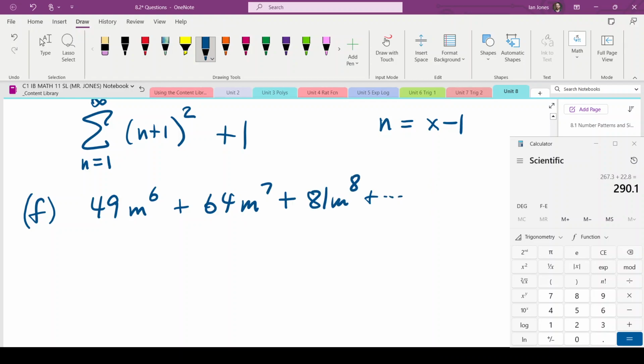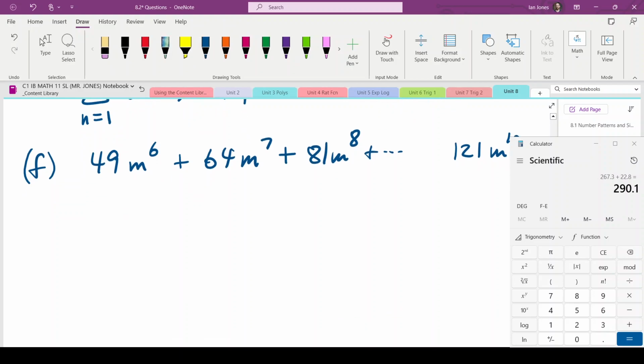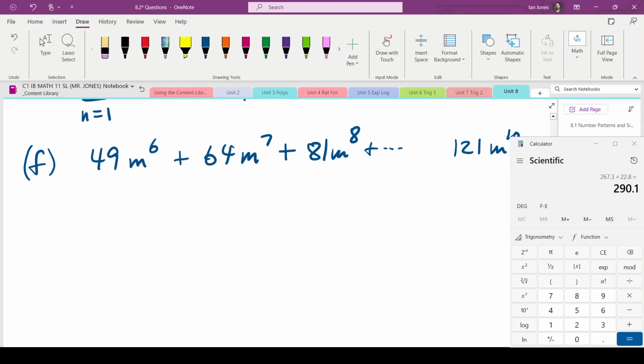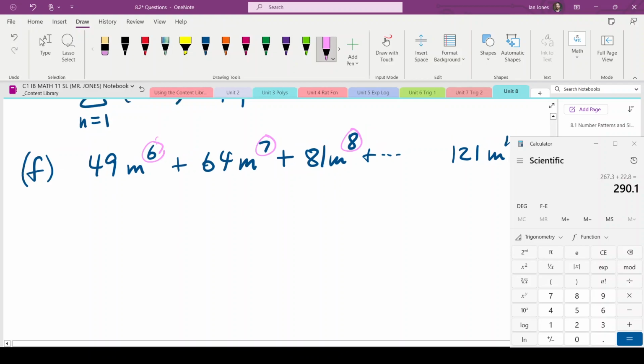And the pattern continues all the way to 121m to the 10. What's changing? What's staying the same? What's the pattern? Well, the exponent is going up by 1 each time. Fine. M is the same each time. Fine.